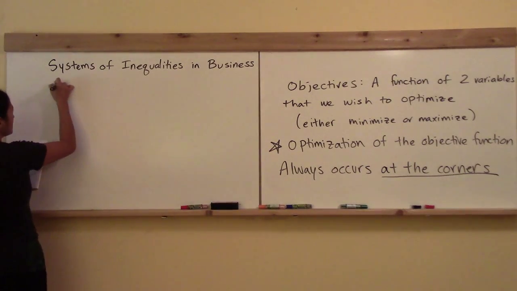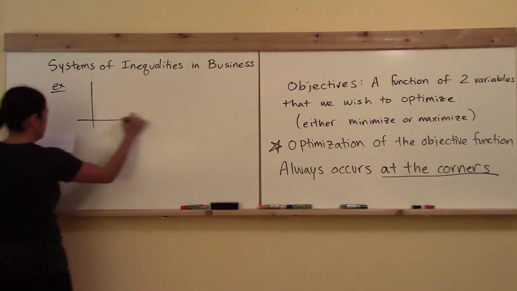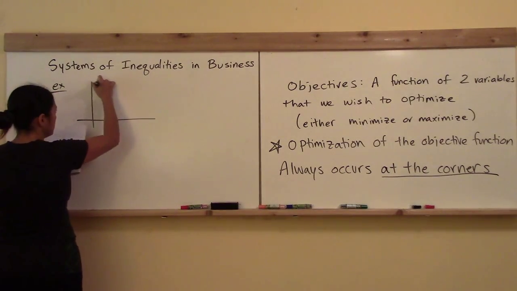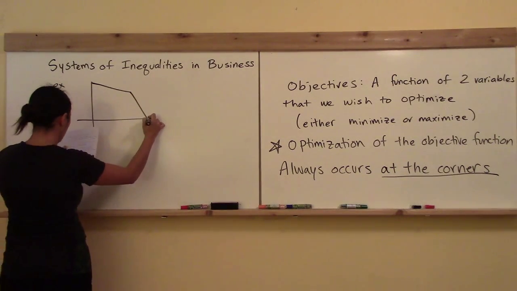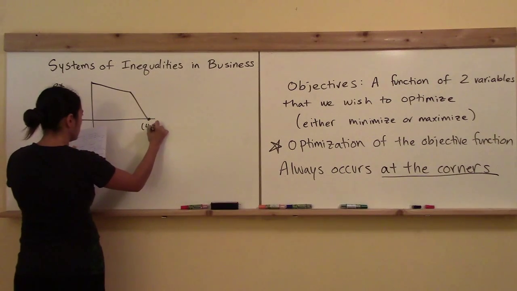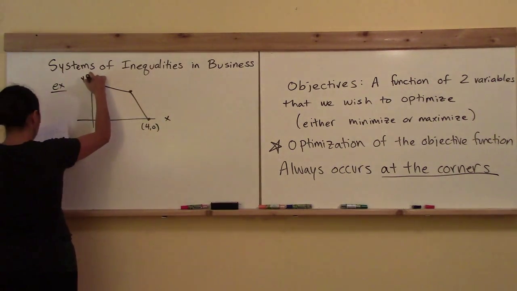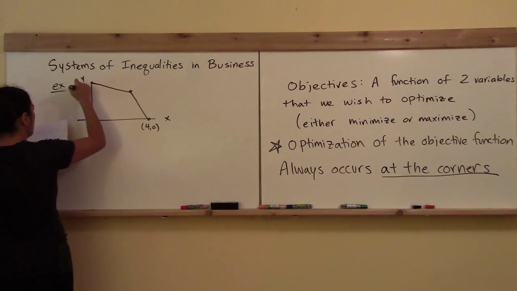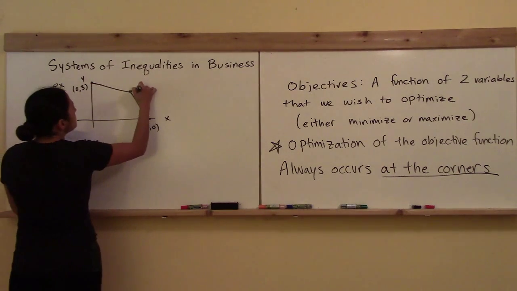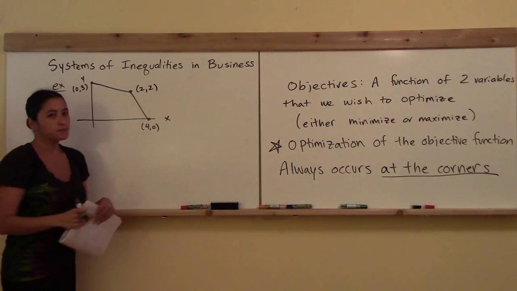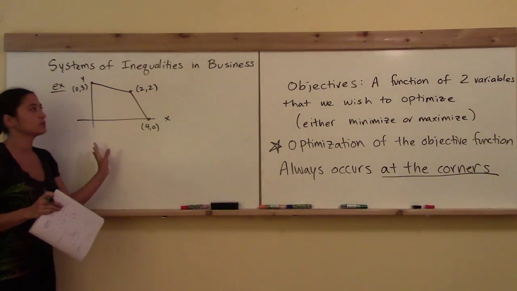I'm already going to set you up with an example that's about halfway done. Let's say that we've already been given a set of inequalities, graphed them in the xy plane, and located all of the corners, so this is already inside some sort of word problem.